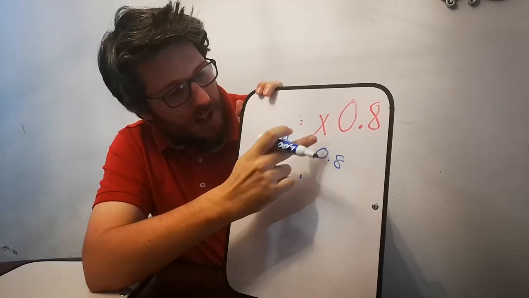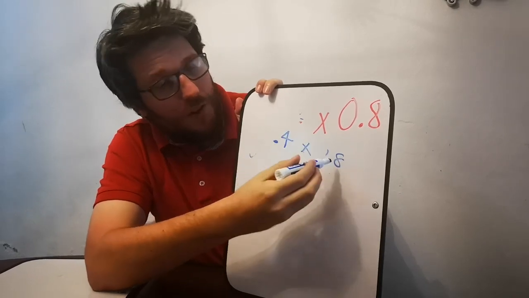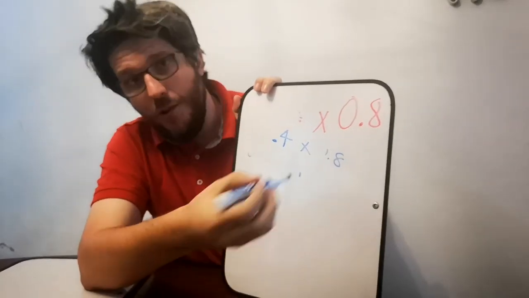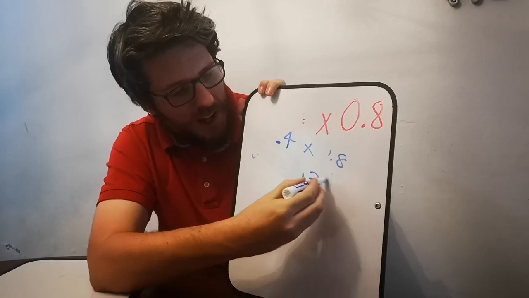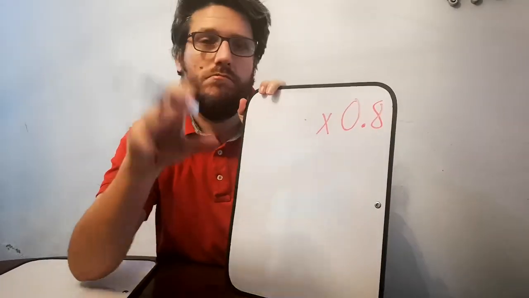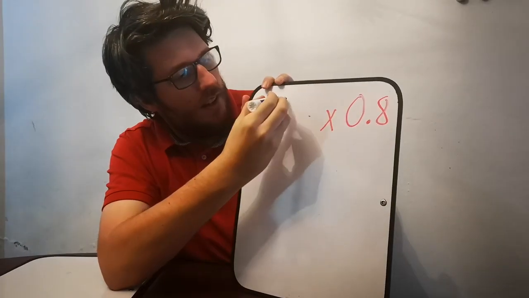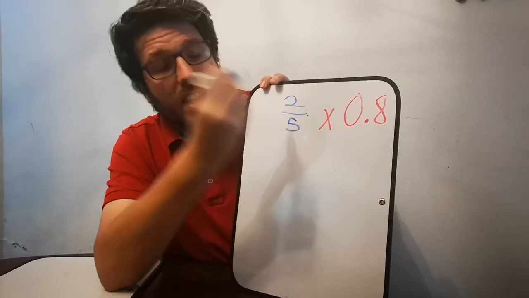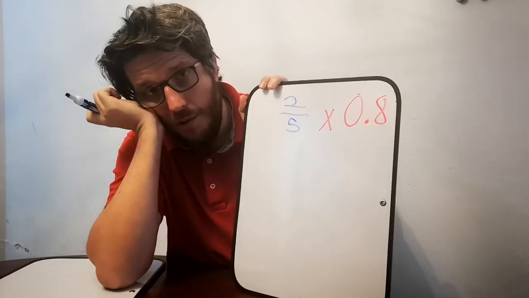And then we multiply. What do we get? 4 times 8 gives me 32. 2 numbers after the decimal point. What do we get? 0.32. So here we have two different ways to turn this fraction into a decimal.